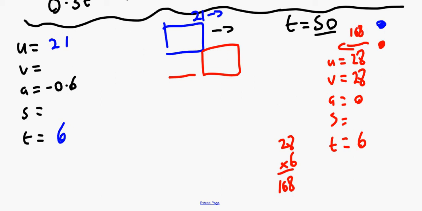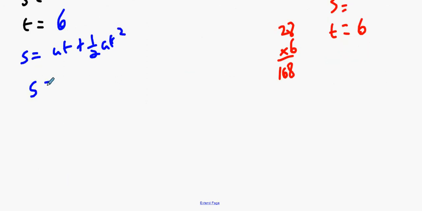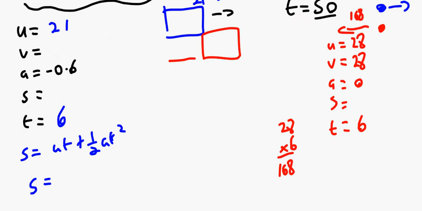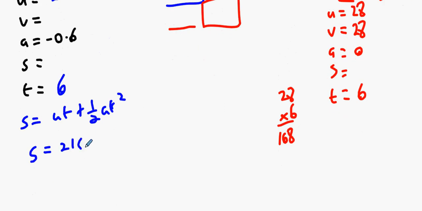So now we just need to find the distance the lorry travels to the left. So we use s equals ut plus a half at squared. So s ends up equal to 21 times 6 minus a half of 0.6, which is 0.3, times 6 squared.